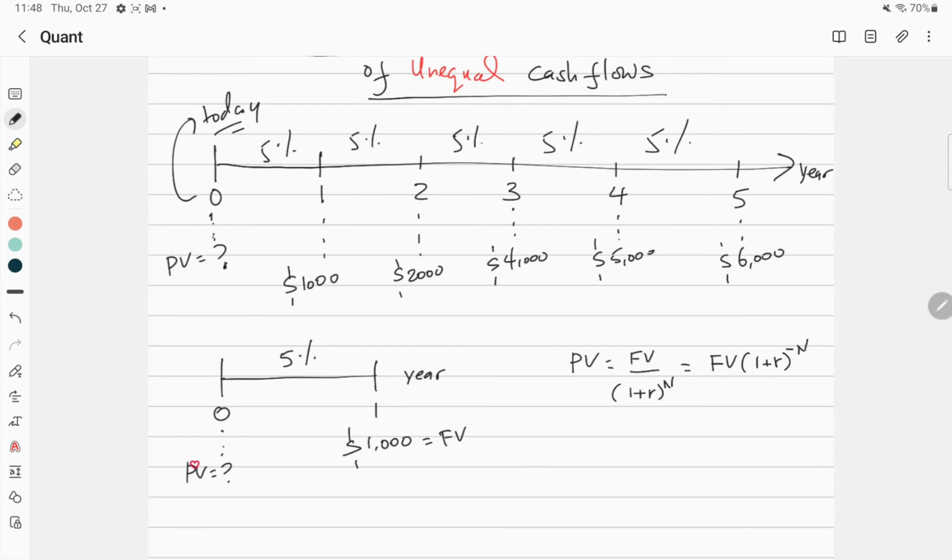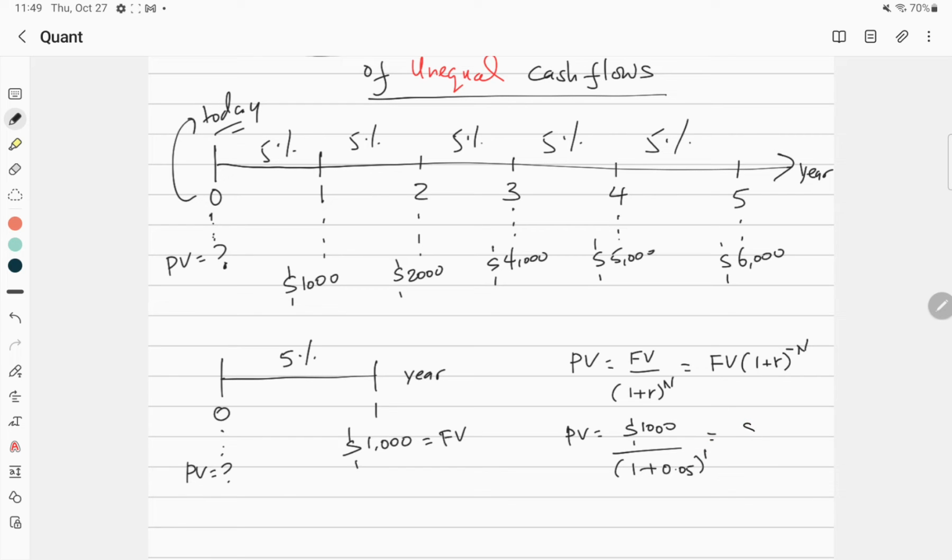For this particular segment of the timeline, our present value will be the future value, which is $1,000, divided by 1 plus r, the interest rate being 5%. And this is only a length of 1 year, so our n will be 1.